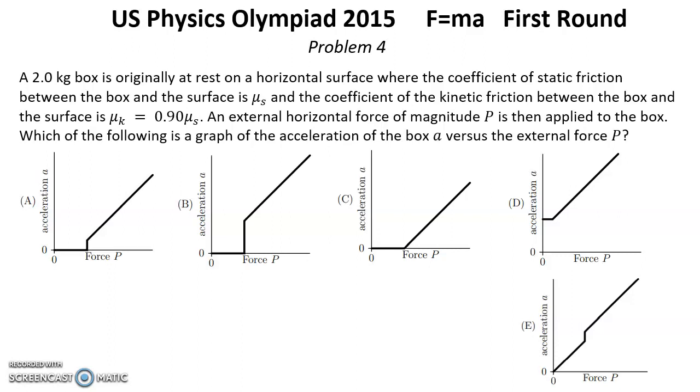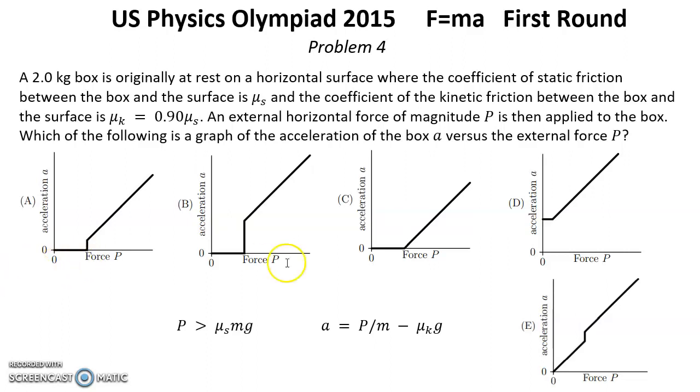Solution. The block will not move until the force exceeds some amount, which is given by this formula. When the force reaches this amount, the friction will discontinue and the acceleration will jump according to the formula acceleration equal this amount. It means that acceleration will have a jump at this point.